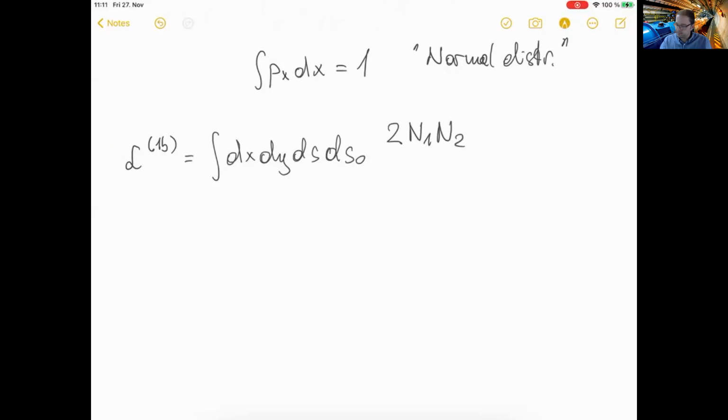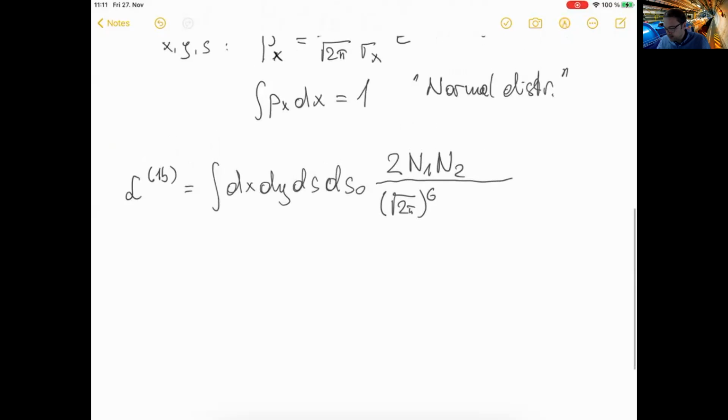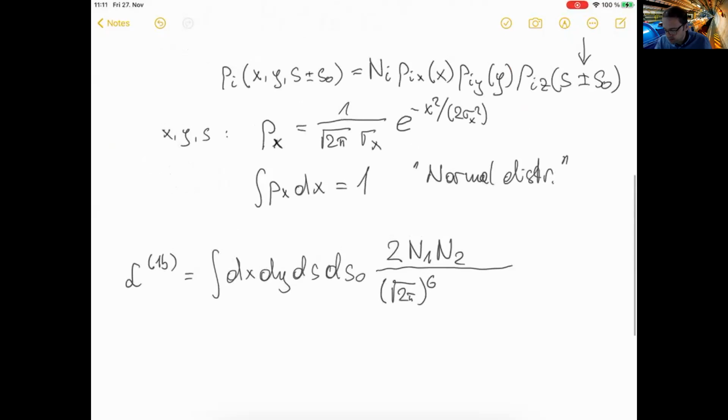So I write the two particle numbers N1 and N2, and if we count the numbers of square root of pi, there's a total of 6 of them, because each density has 3 Gaussians in it. And then we have simply from the normalization here sigma_x squared, sigma_y squared, and sigma_s squared.